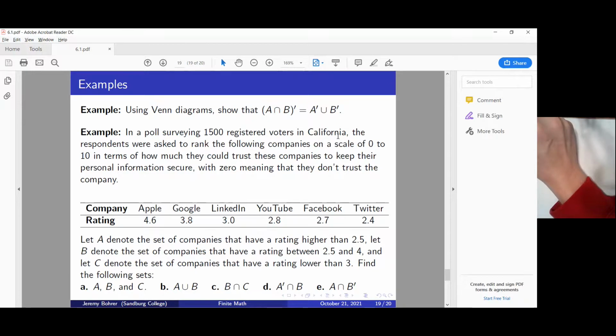So if I want to find the companies that have a rating higher than 2.5, that's our set A. That is going to be the set that includes Apple and Google, LinkedIn, and YouTube.